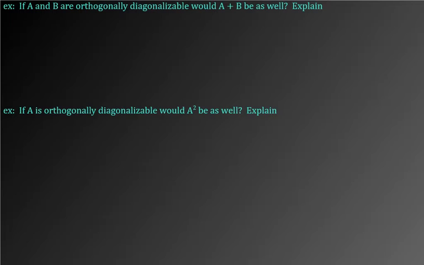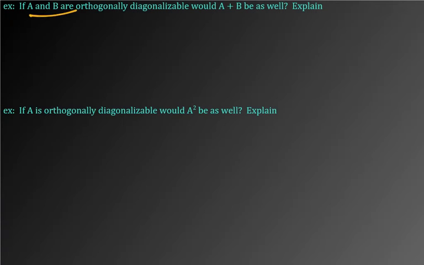So I just want to take some time here and do some other examples related to orthogonally diagonalizable matrices. This first one says that if A and B are orthogonally diagonalizable, would the sum be as well? I don't want to go through full-on proofs here, I just want to give some intuition.